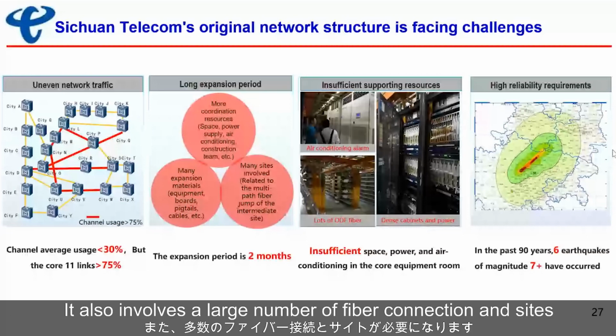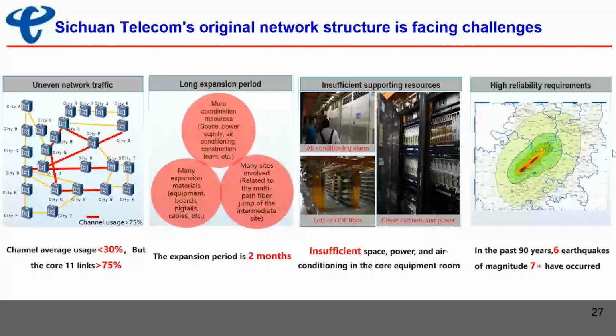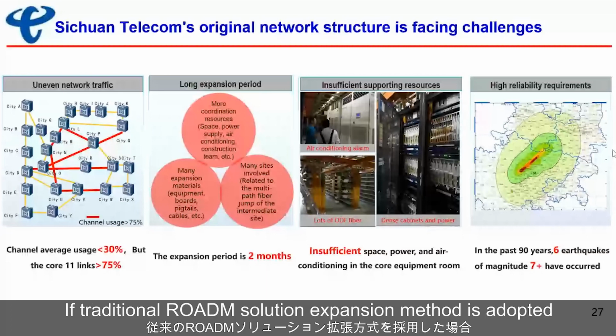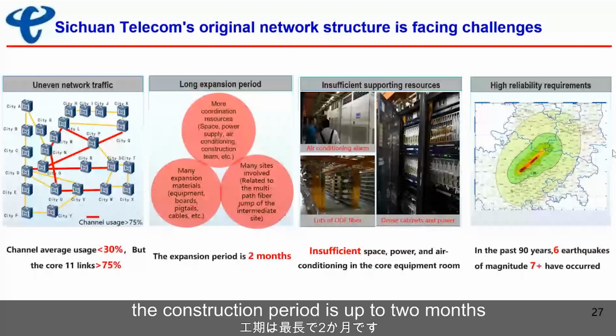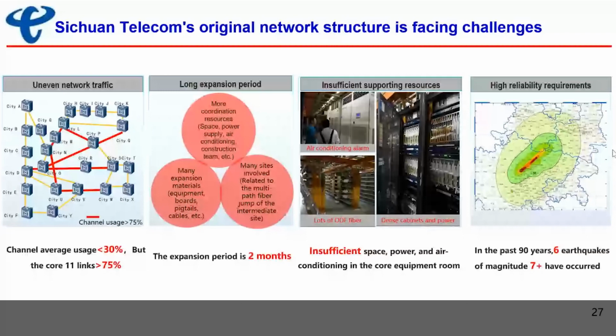It also involves a large number of fiber connections and sites. If the traditional ROADM solution expansion method is adopted, the construction period is up to 2 months.